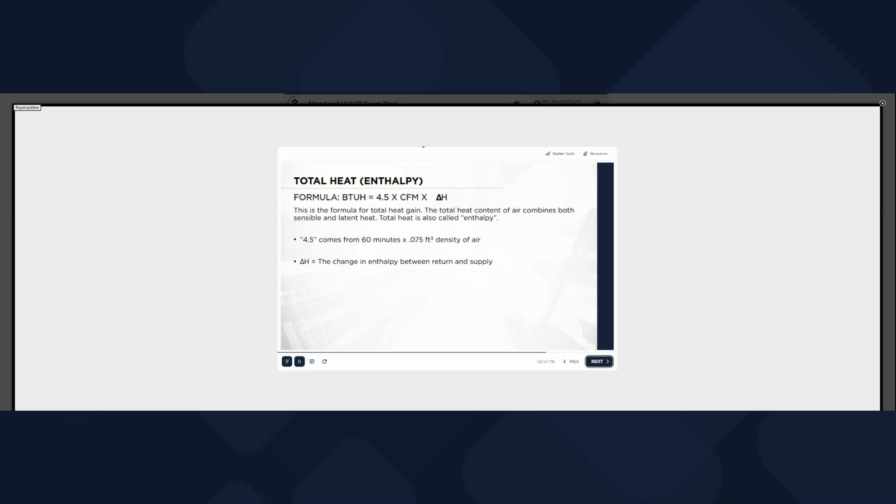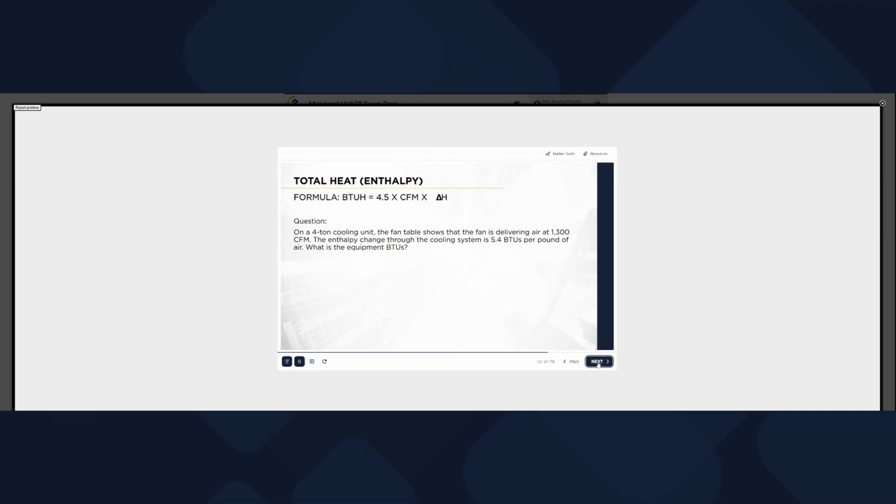BTUH equals 4.5 times CFM times delta H is the formula for total heat gain. The total heat content of air combines both sensible and latent heat. 4.5 comes from 60 minutes times 0.075 pounds per cubic foot density of air. Delta H is the change in enthalpy between return and supply.